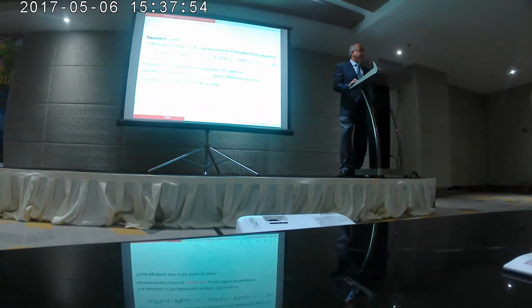And the second part is that multipliers as given in 24 are solutions of the determining equations 25. So if we use these theorems, then the expansion of the determining equation 25 in our case for our system yields an overdetermined system of 71 partial differential equations. And these equations lead to the following cases.